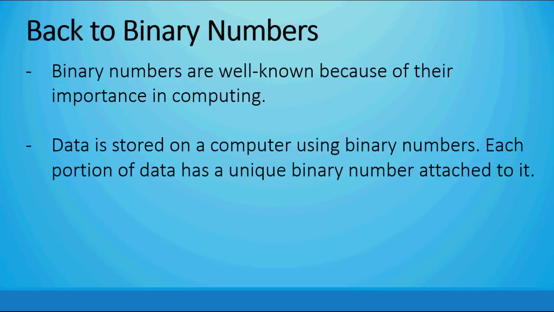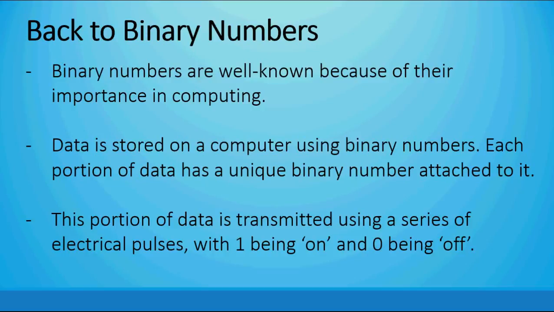It's a series of 1s and 0s, but as I show you here, the series of 1s and 0s is like a series of pulses. So you have a series of high voltage signals and a low voltage signal. The high voltage signal represents 1, the low voltage signal represents 0. So in effect you can think of it as being like on or off.